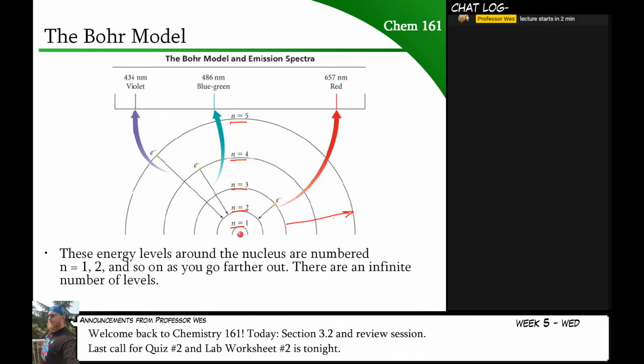But when they get rid of that energy by moving inward, the mechanism by which they release that energy is light. And that light will have a specific energy that correlates to how far the electron fell.